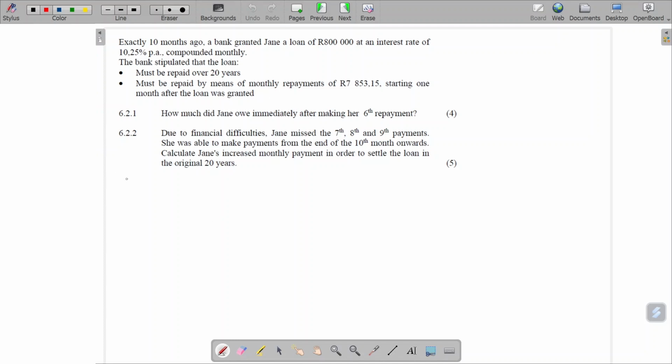Okay, so at this point in time, her outstanding balance after 6 months would be the value of the loan times 1 plus the interest rate 10.25%, compounded monthly, done for 6 months, minus the repayments.